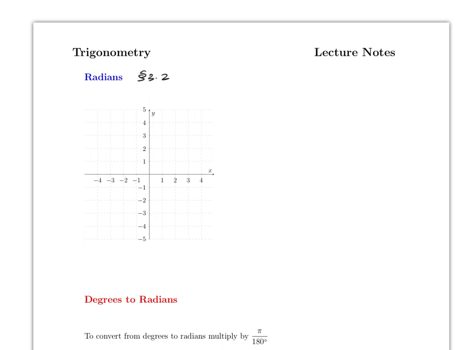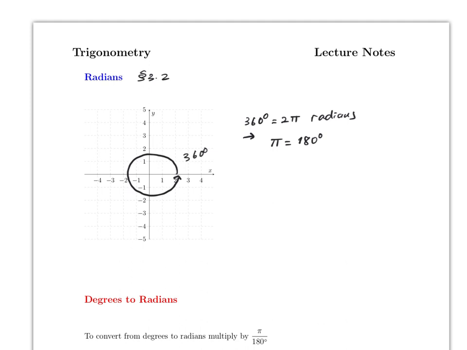So what is a radian? Remember that from what we know so far, if you go around the whole 4 quadrants, you have 360 degrees. So therefore 360 degrees is going to be equivalent to 2 pi radians, which means that pi is going to be 180 degrees.